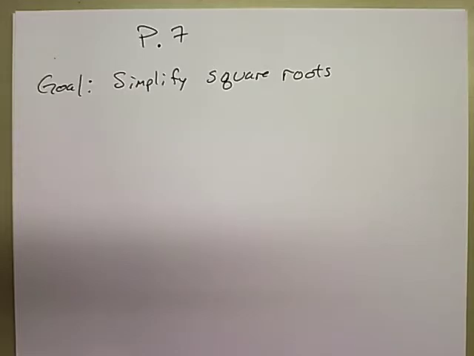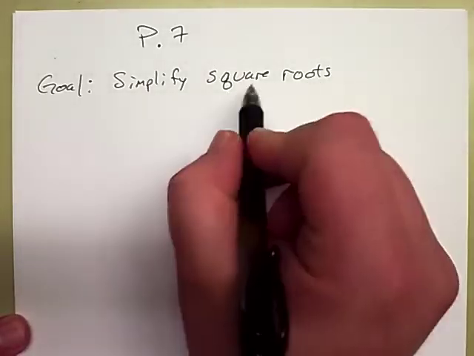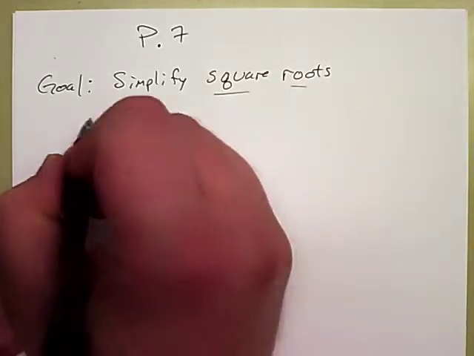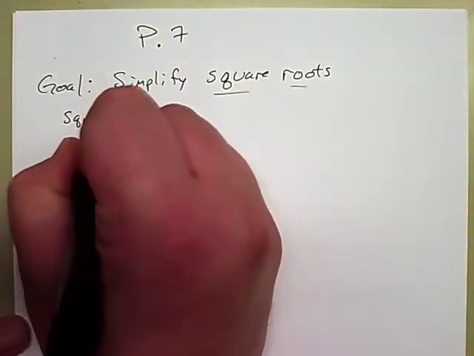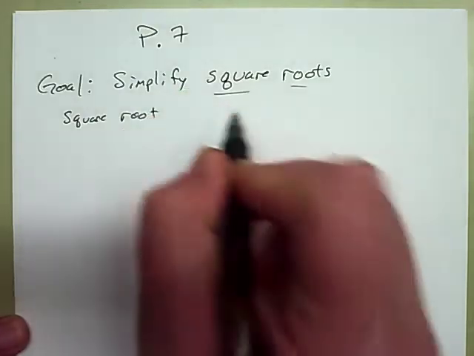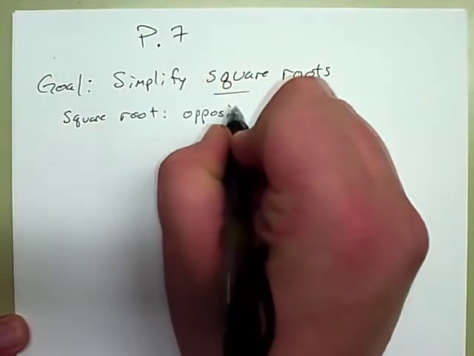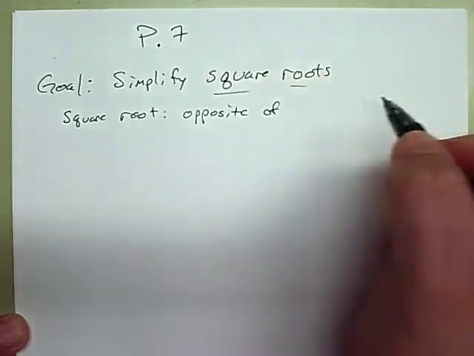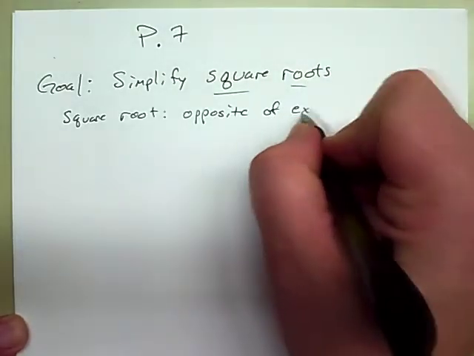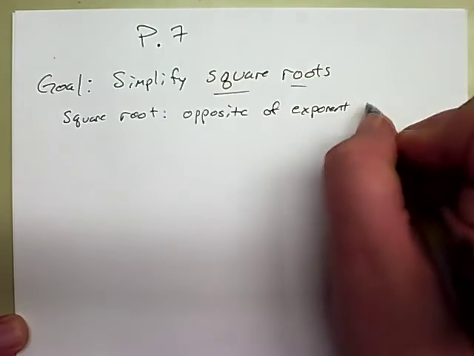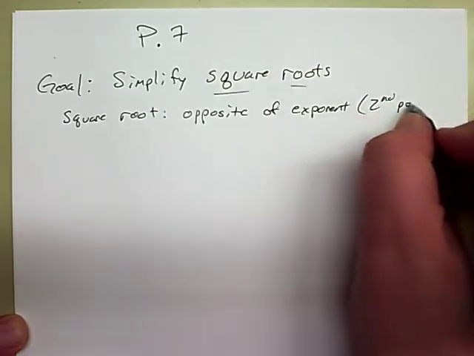Just to make sure everybody's on the same page, a square root is the opposite of the exponent. More specifically, an exponent with the second power.